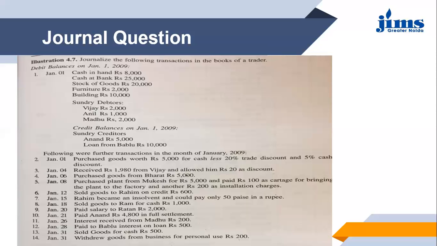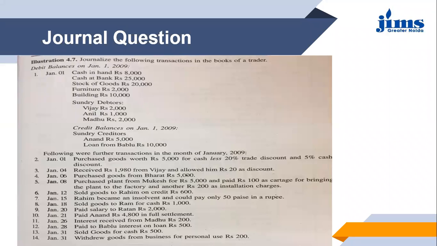So in the case of merchandise goods, you make the journal entry under the purchase account or the sales account. But in the case of any other asset purchased or sold by the business, you have to make the entry in its respective account only.